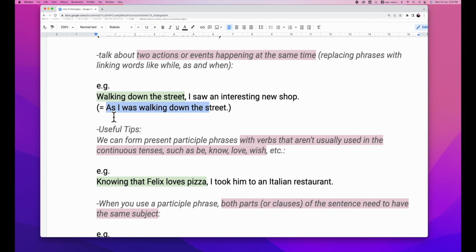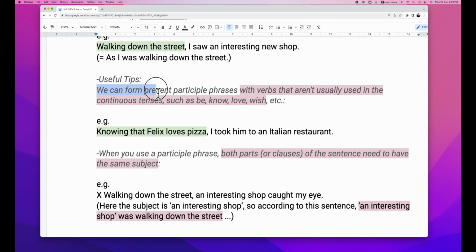As I was walking down the street, I saw an interesting new shop. These two actions, was walking and I saw, are happening at the same time. By replacing the first sentence with a present participial phrase, walking down the street, we can tell the reader about two actions that happen at the same time.